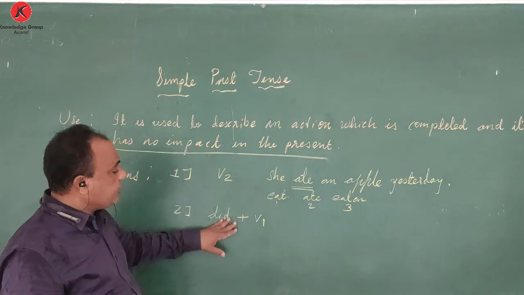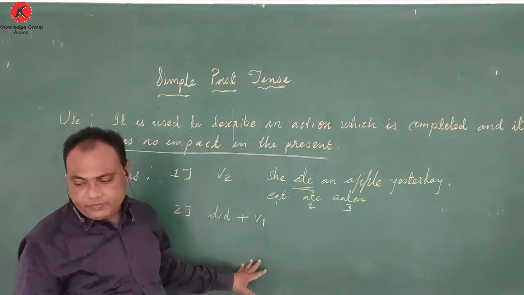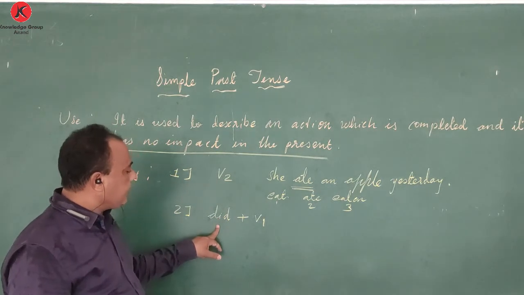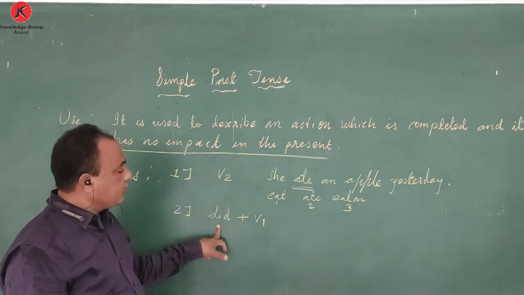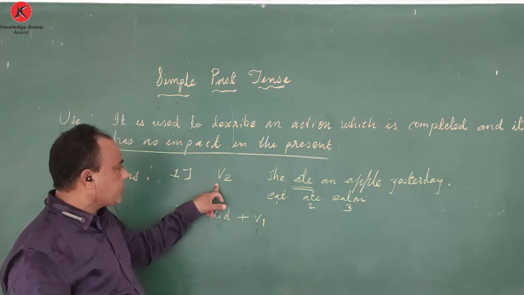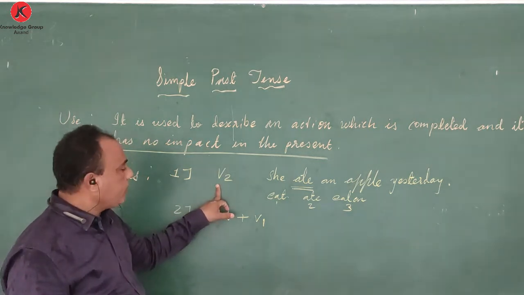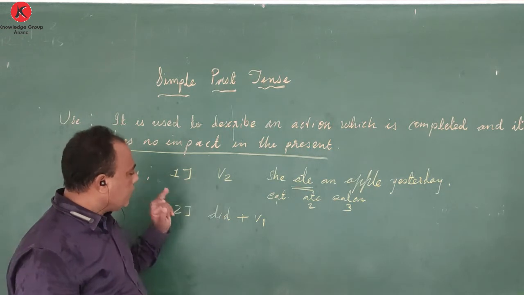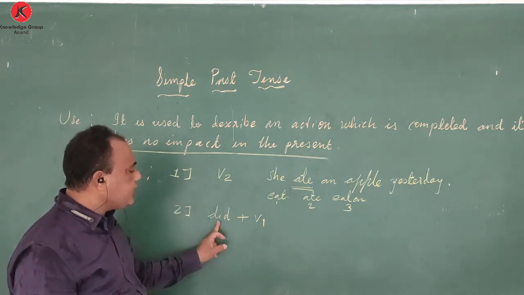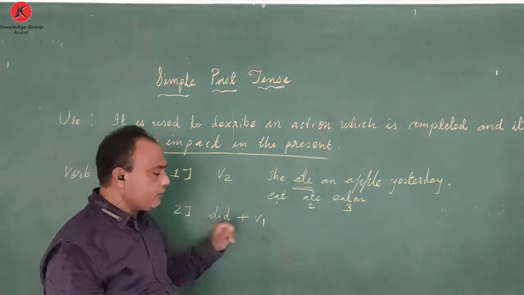Remember, friends, did plus V1, not V2 here, because did already represents the past tense. So no need to write V2 here, because previously whatever we had studied, it often comes to our mind. So I remind you once again that you have to go with the formation did plus V1, not V2.